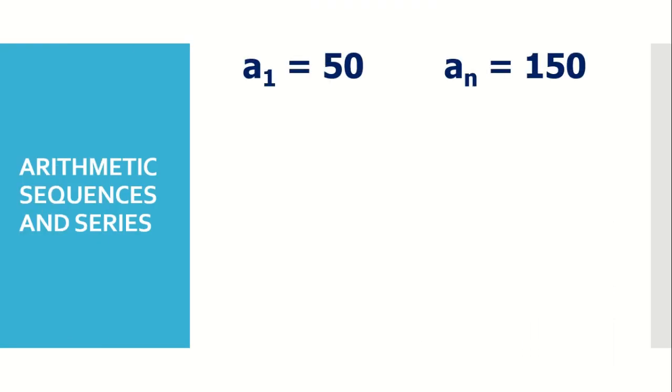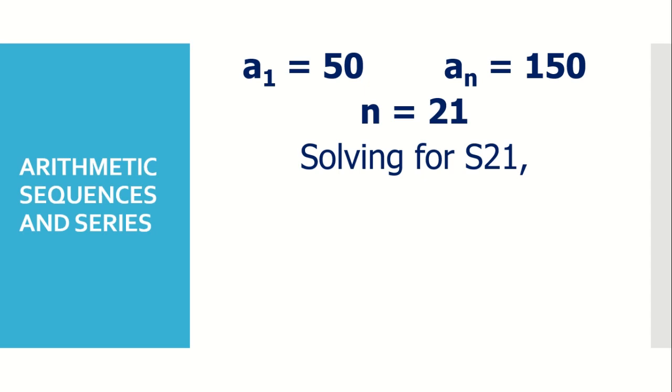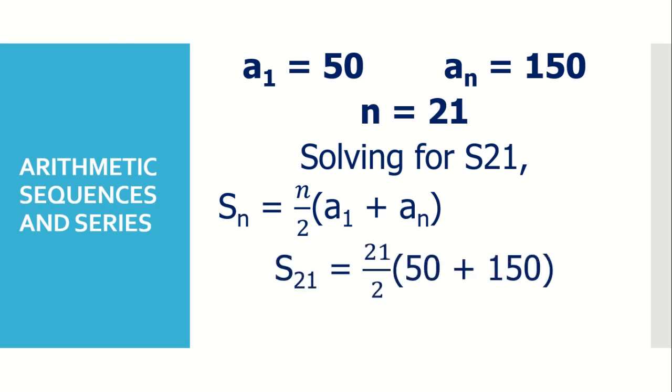So we have a sub 1 equal to 50, our a sub n equal to 150, and n now equal to 21. Solving for S sub 21, first we can use S sub n equal to n over 2 times the quantity a sub 1 plus a sub n. By substitution, our n is equal to 21, our a sub 1 is 50, and a sub n is 150.